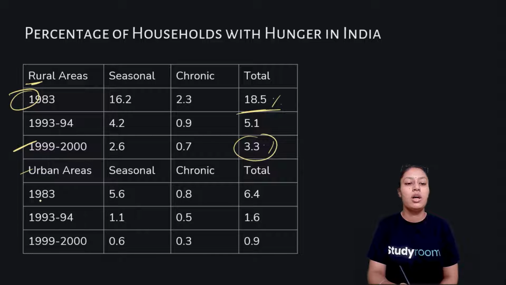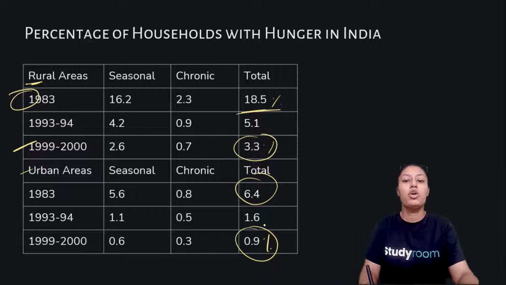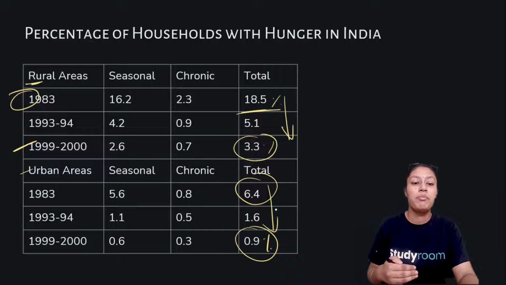In urban areas, it was 6.4%, and by 2000 it had reduced to 0.9%. So I hope you can see the downfall in numbers, which is really good, because it shows that people are now being treated well.